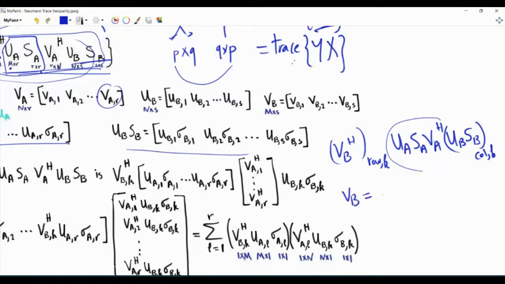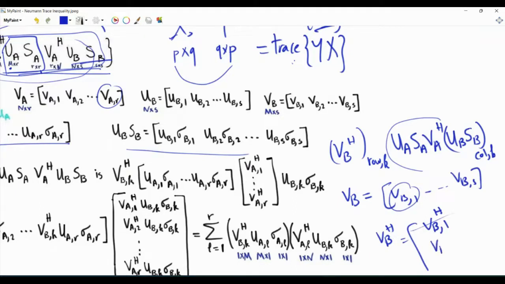So if matrix VB has those columns, and you take its Hermitian, then you take the first column, transpose it, convert it into a row, and then take the complex conjugate. So the first row in VB Hermitian will be VB1 Hermitian, and the second row will be VB2 Hermitian, and so on.